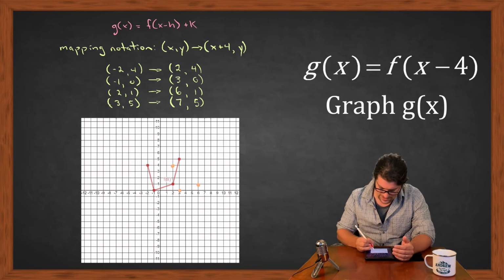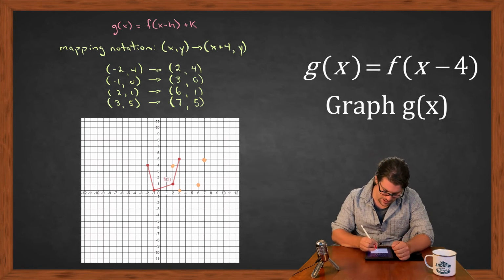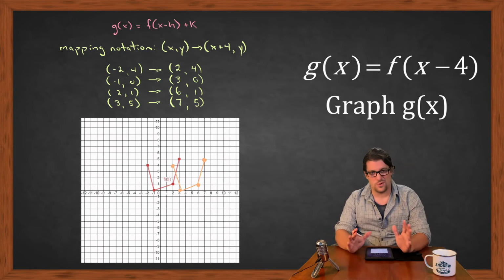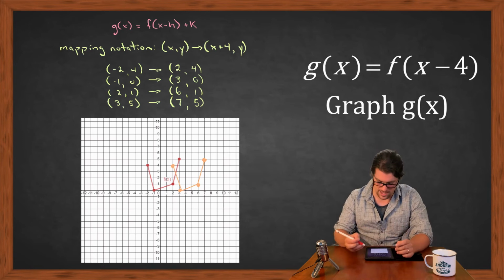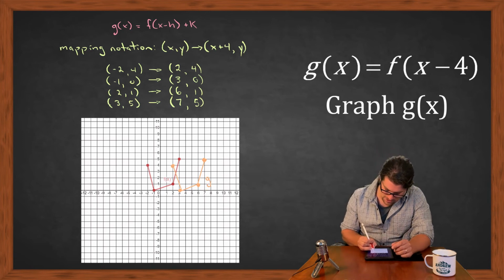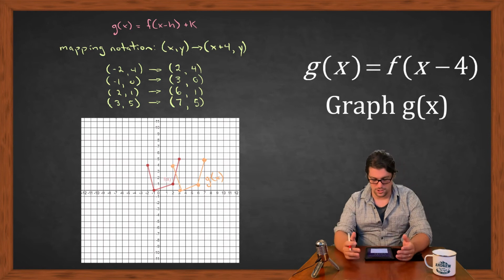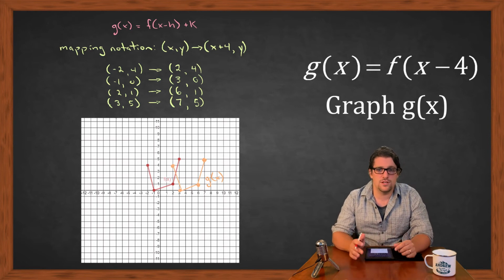And then we have lastly 7 comma 5. So as I said, we play connect the dots. I'm going to just connect these with some straight lines. Now this thing kind of snaps to grid. I probably should try to get rid of that, but it looks okay. I could have done a better job with that first line. Maybe I'll just do it freehand next time. But this would be our g of x function. So it is slid over 4 units to the right.